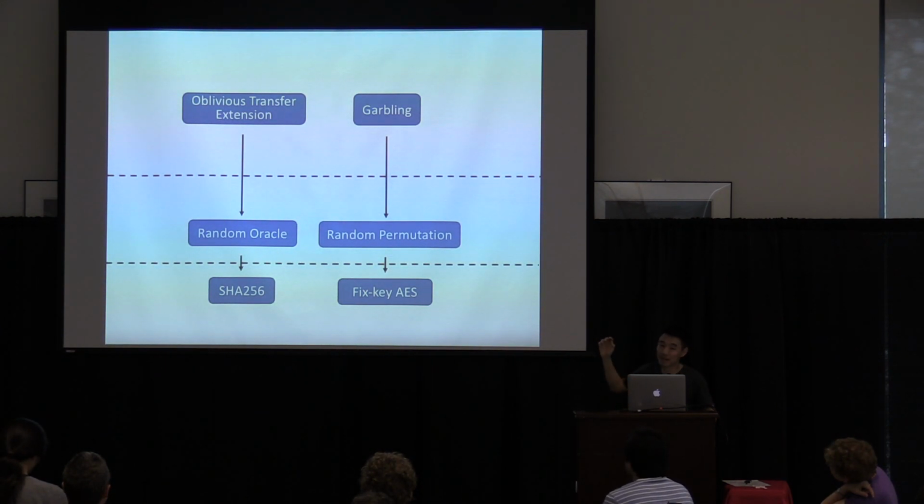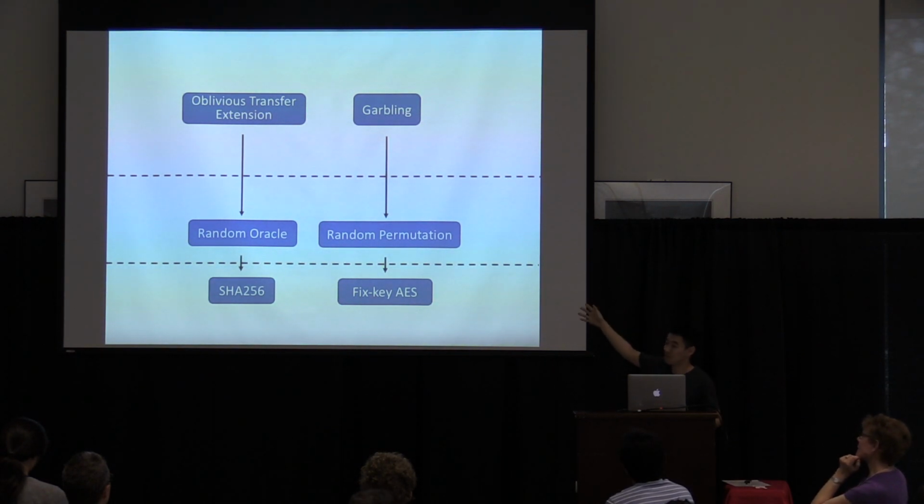Over here, it actually already shows some kind of limitation. Let's say I propose a new garbling scheme, what can I do? I need to prove everything from the random permutation model because there's no intermediate concept that I can use in this kind of picture.